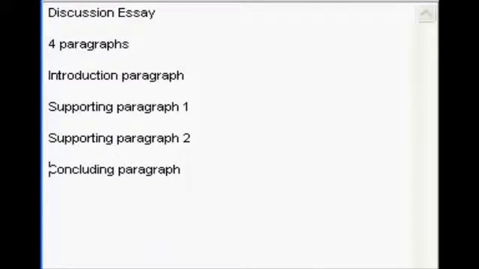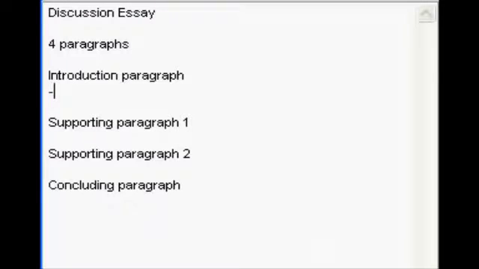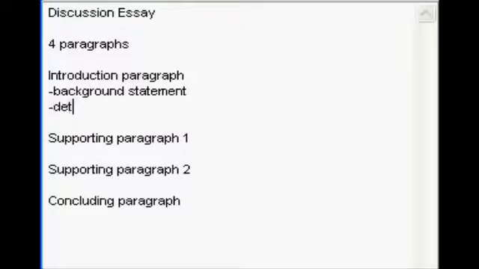Okay, now inside of each of these paragraphs are a number of sentences, and each sentence has its own job to do. So if we take the introduction paragraph, the first sentence is a background statement on the topic that we're writing about. The second is a detailed background statement.